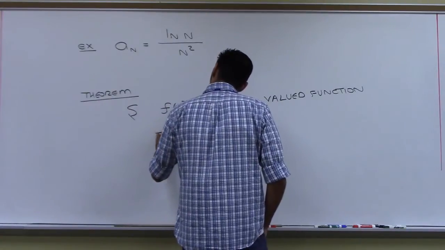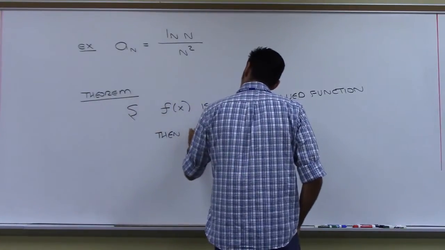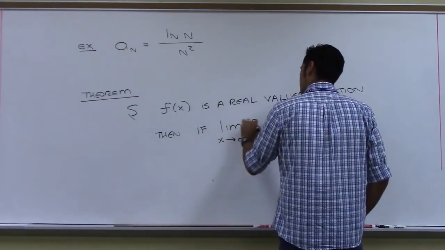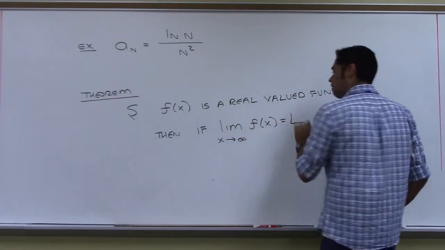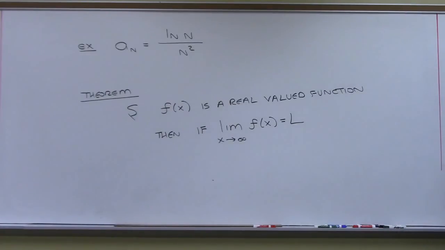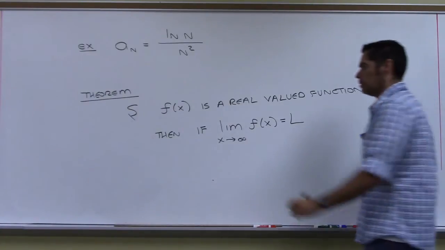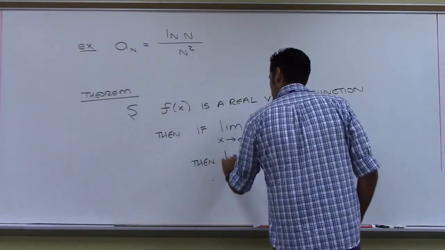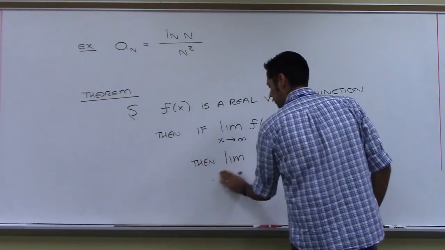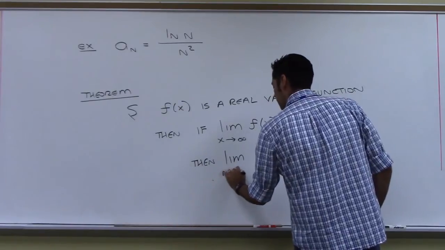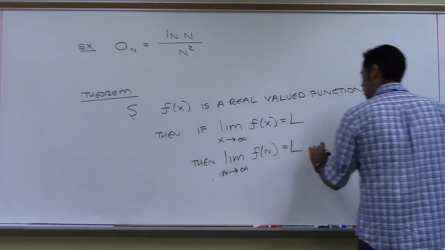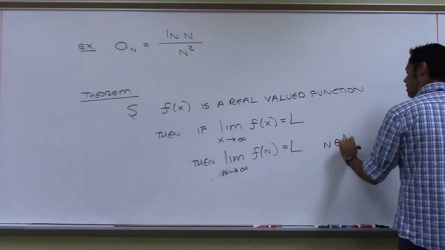Then if the limit as x goes to infinity of f of x equals L, then the limit as n goes to infinity of f of n equals L, where n is a natural number.